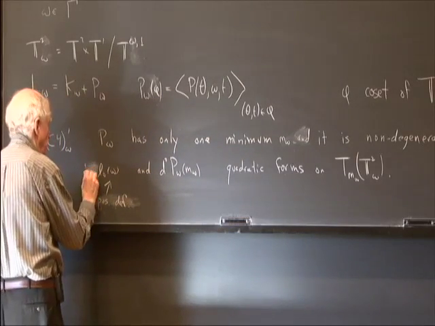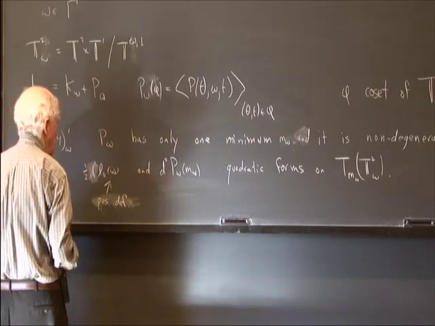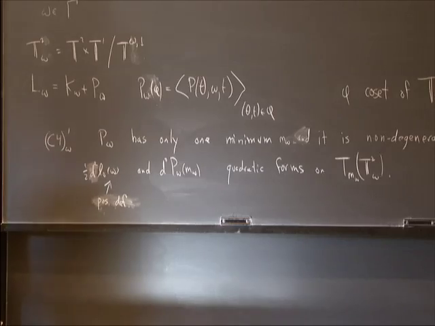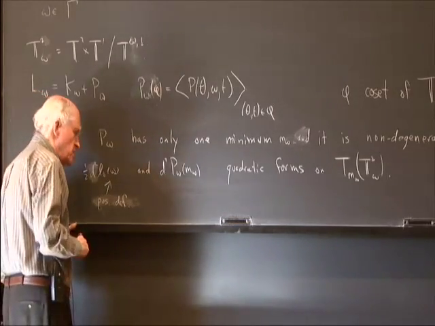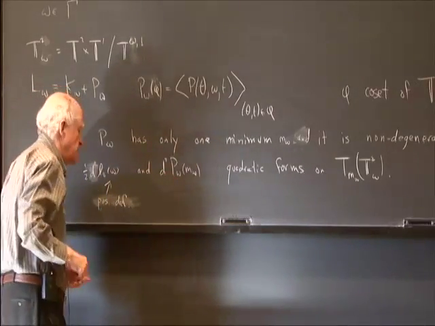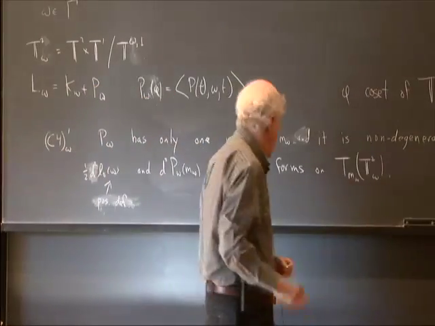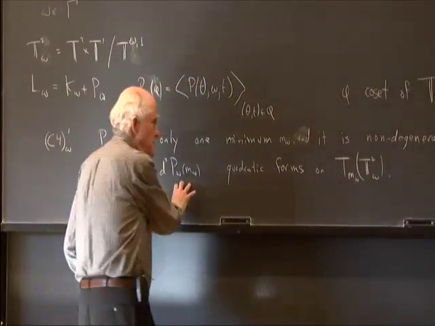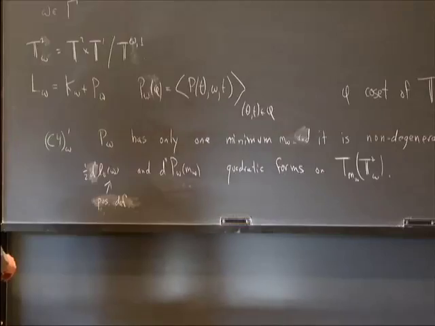This is the hypothesis we started out with, that L0 is positive definite. Sorry, this is 1/2 d2 L0. So you can diagonalize this with respect to this. And actually, since I assume p is non-degenerate in the sense of Morse, this is non-degenerate too.